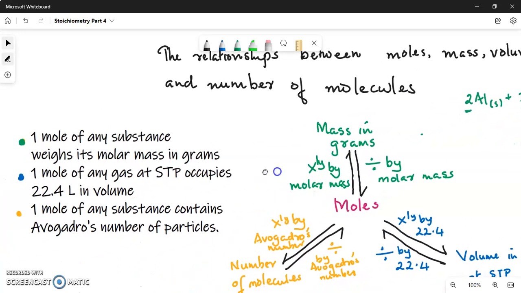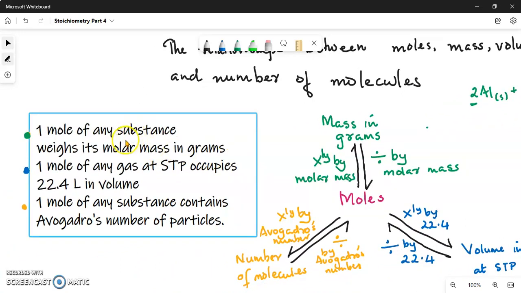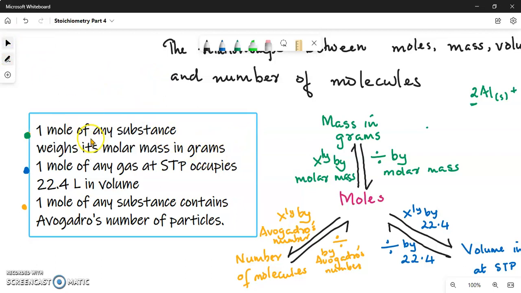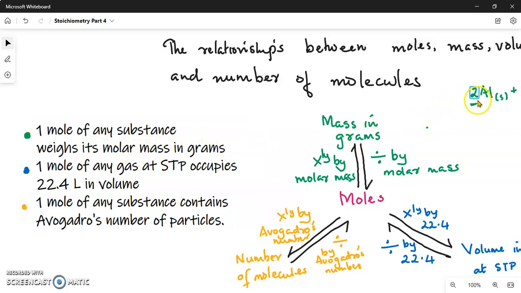Out of these 3 relationships, 2 I have already given to you in the last 2 parts, and the third one I am explaining to you here. 1 mole of any substance will weigh its molar mass in grams. For example, 1 mole of aluminum will weigh its atomic mass in grams.